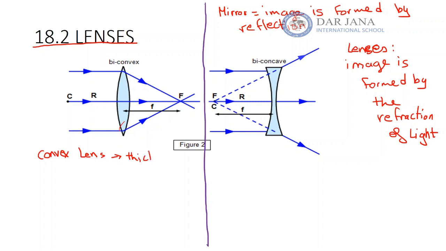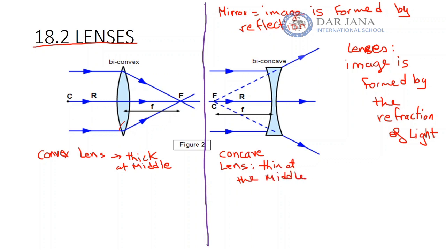The other type is called the concave lens. The concave lens is thin at the middle.